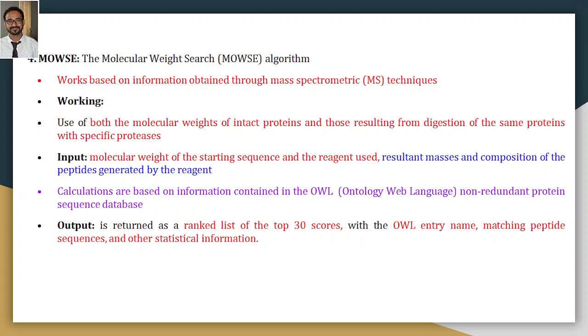That is the particular computer program language involved in the creation of these calculations. All those things fall under input. The output is returned as a ranked list of the top 30 scores with OWL entry name, matching peptide sequences, as well as other statistical information like the table you get for BLAST.